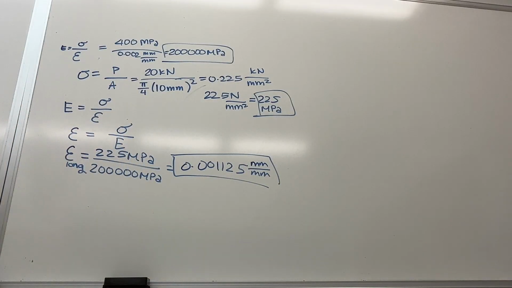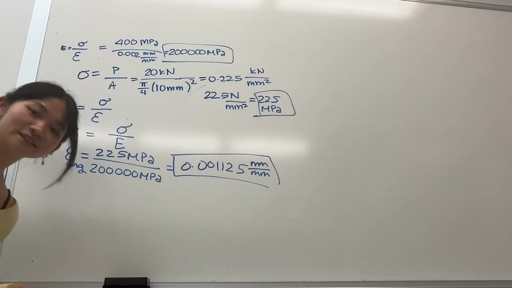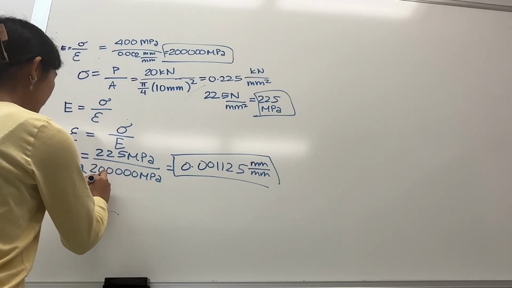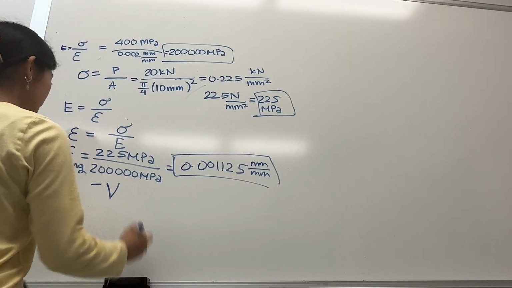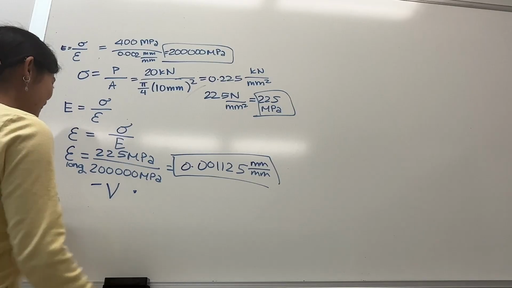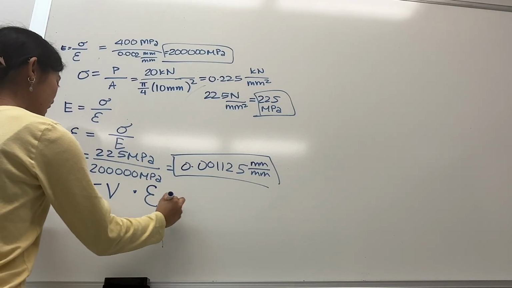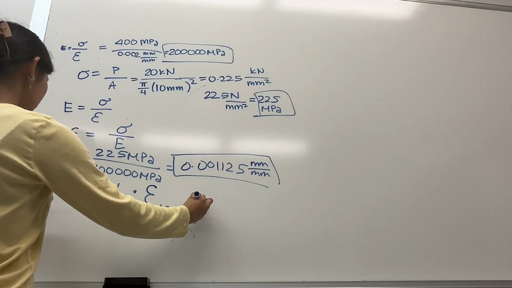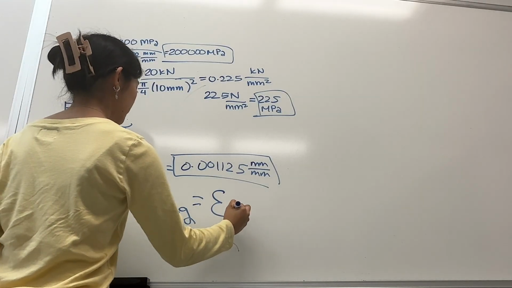And finally, we're going to solve for our lateral strain. With lateral strain, we can use our Poisson ratio. So we would have negative the Poisson ratio multiplied by the longitudinal strain, which would equal our lateral strain.